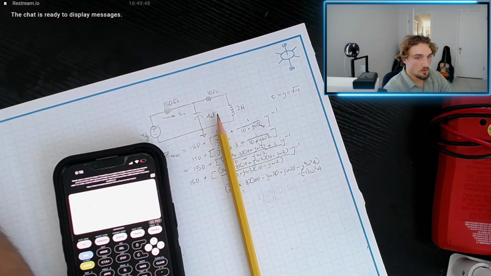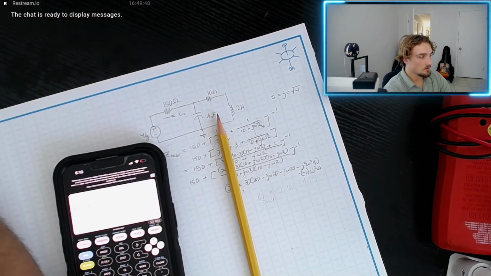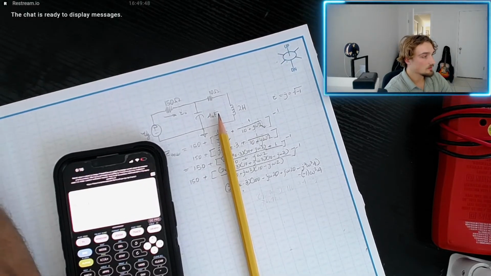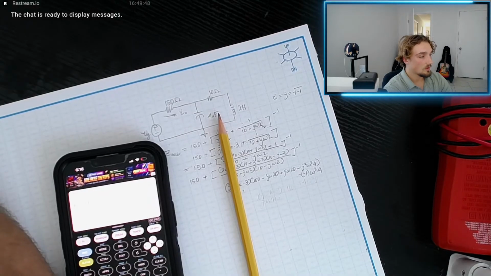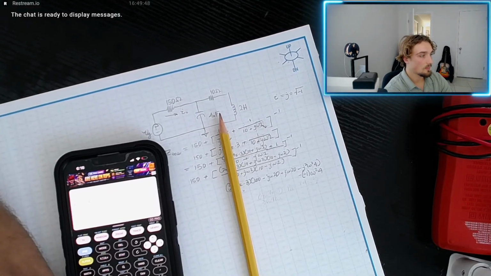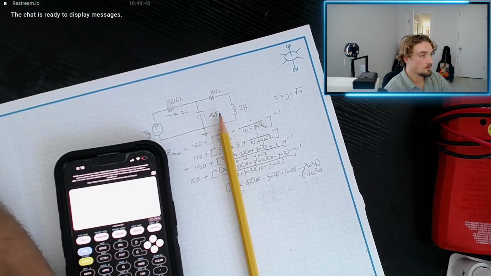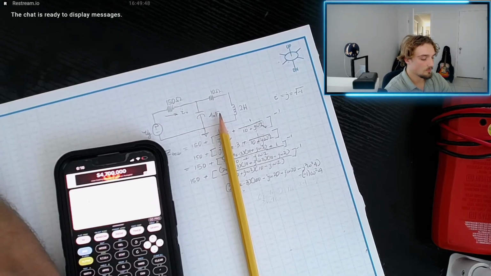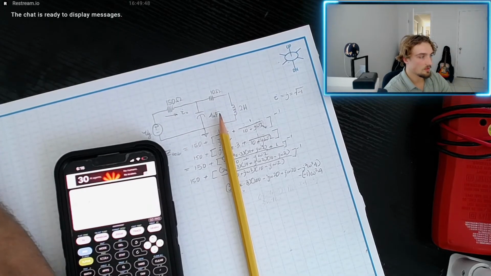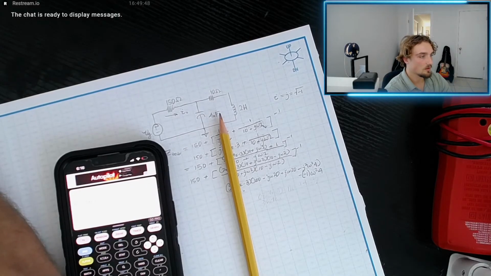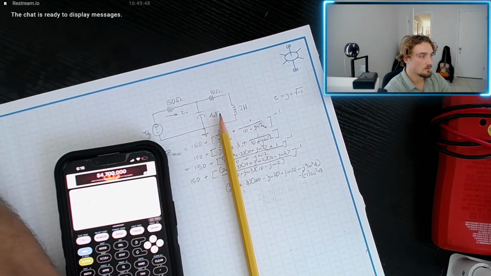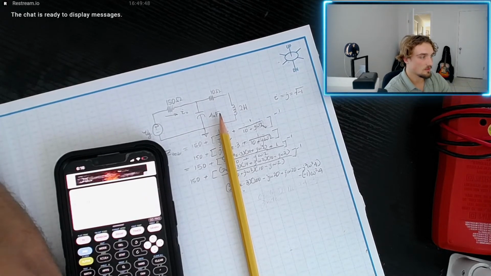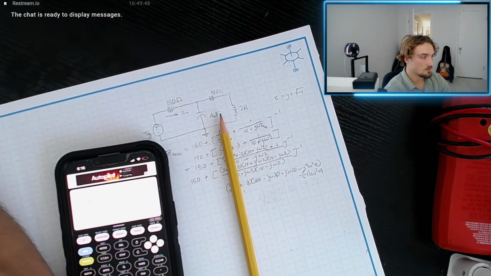Is it always necessary to use polar coordinates when multiplying or dividing phasor equations, phasor complex equations for AC circuit analysis?